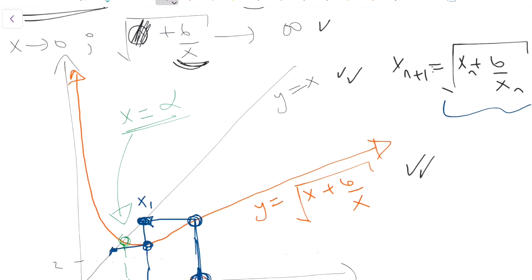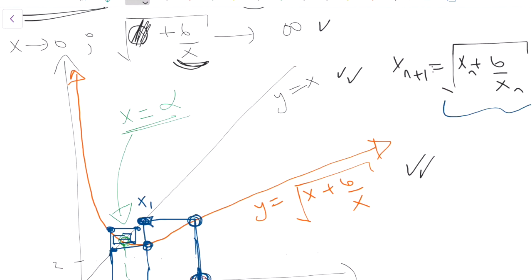So this is x2, and you repeat this process. So you go there, there, there, and you end up at alpha. So this is why it converges to alpha.